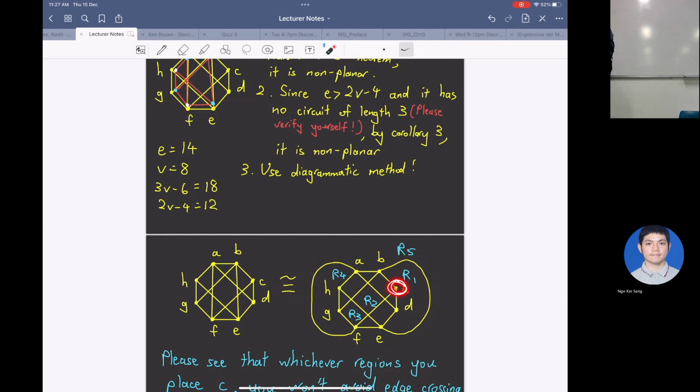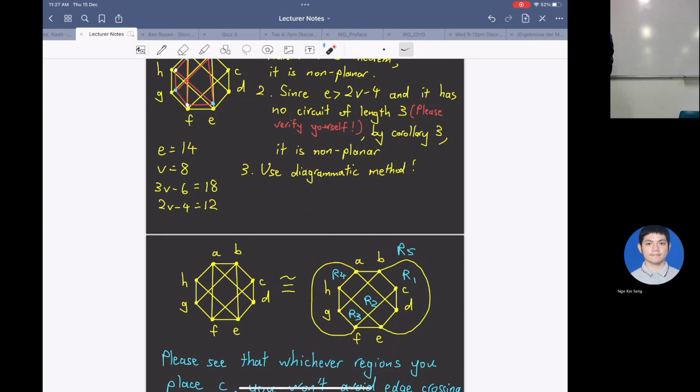And then looking at one vertex, you have five regions to consider. One is outside here, which is already here. Second is inside here. Third is the innermost. Fourth is on the left side. Five is on the outside.